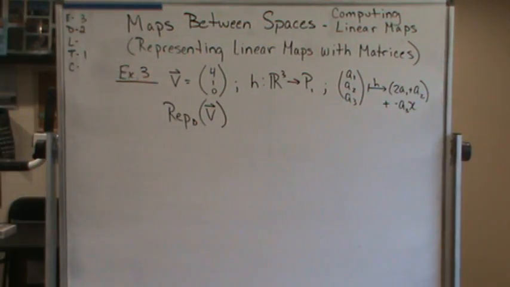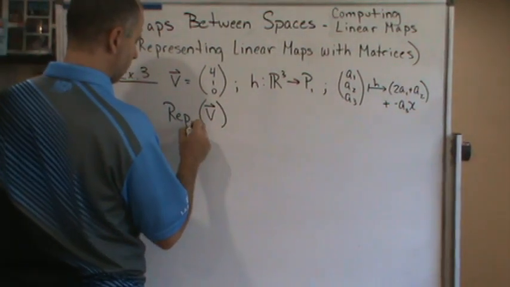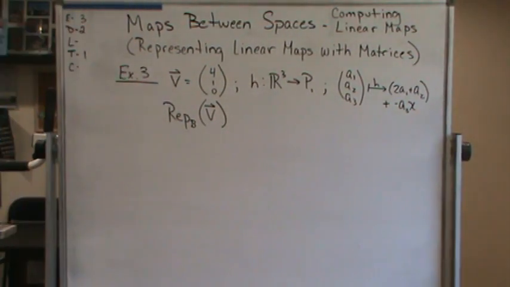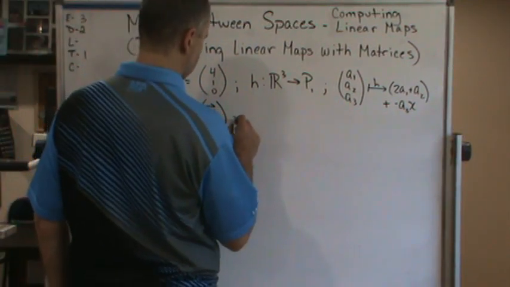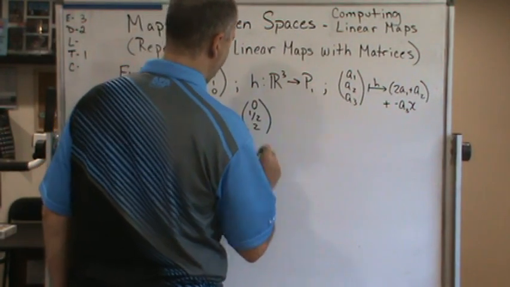Okay, so that's how we denote it. The representation with respect to B of this vector is given by 0, 1/2, 2.